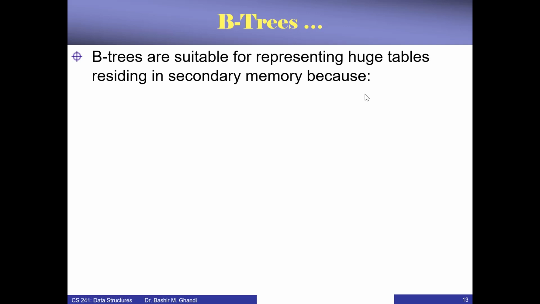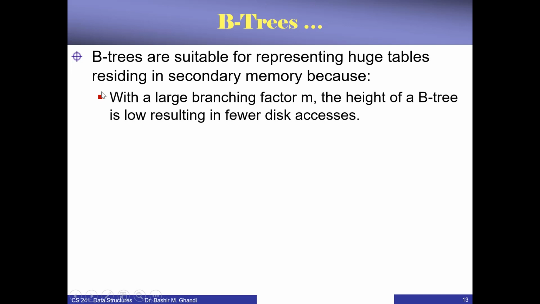Okay, because as we said, with a large branching factor M, the height of a B tree is low, resulting in few disk accesses. As you saw in the example that we just saw, the height can be really very low compared to if we were to store the data in a BST. The height is going to be much taller.